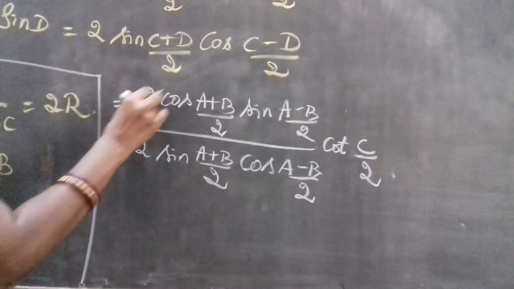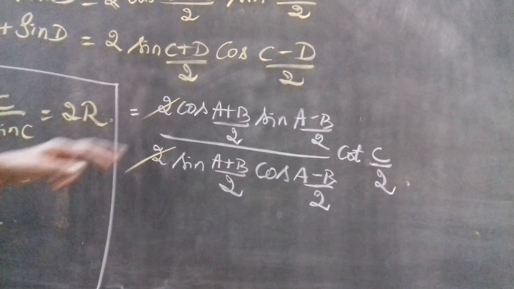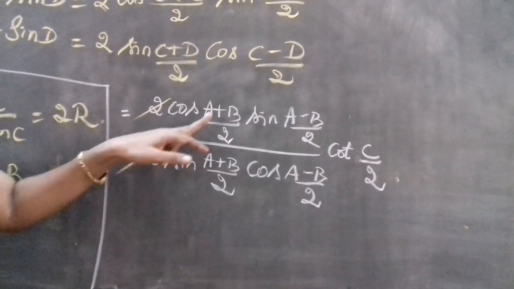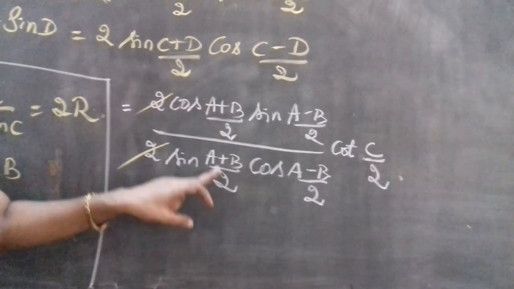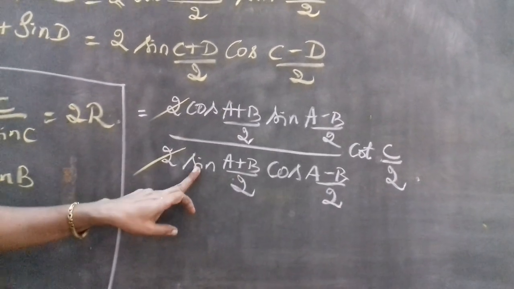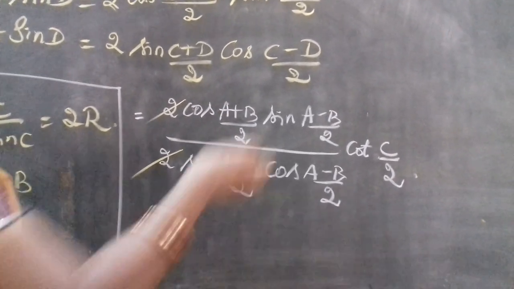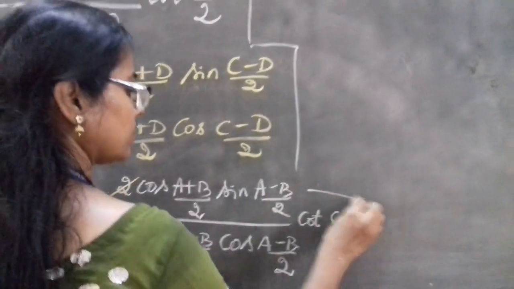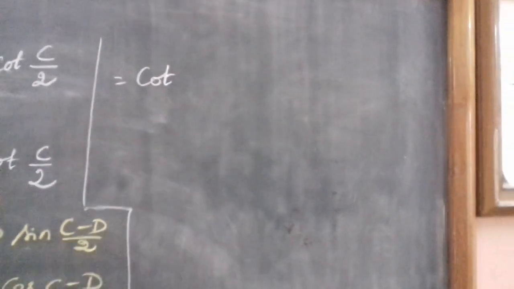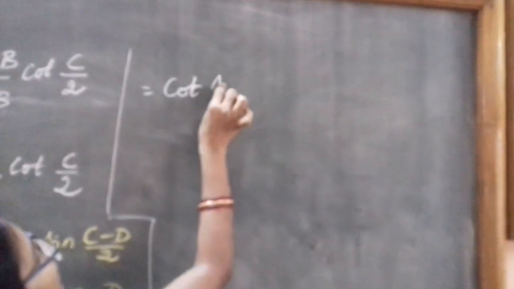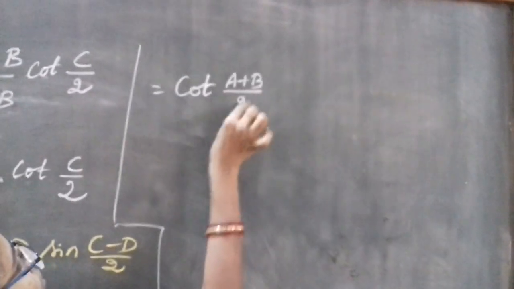Again 2 and 2 will get cancelled. Now observe this cos and sine, and this is angle (A plus B)/2 and this is angle (A plus B)/2. Since the angles are the same, we have cos by sine, which can be written as cot, angle same. So write (A plus B)/2.